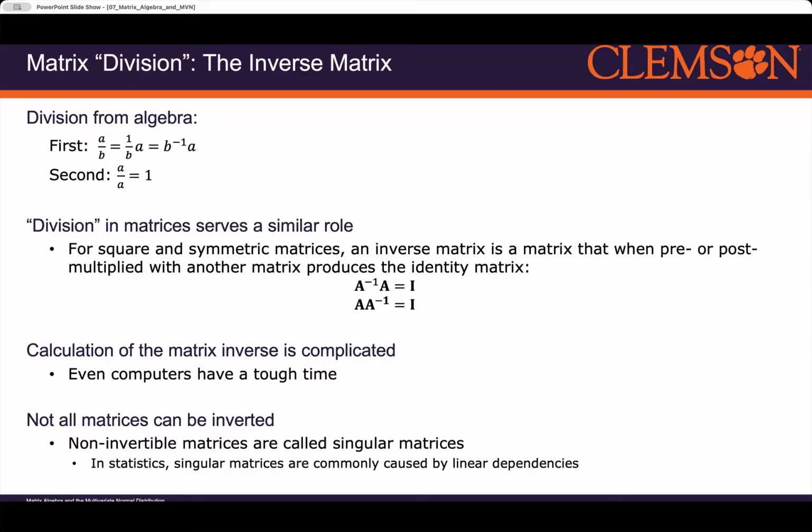If we try to invert that, it will not be able to be inverted. It's singular. Another way of thinking about it: those linear dependencies are multicollinear data, so high correlations among variables can give you a matrix that cannot be inverted.